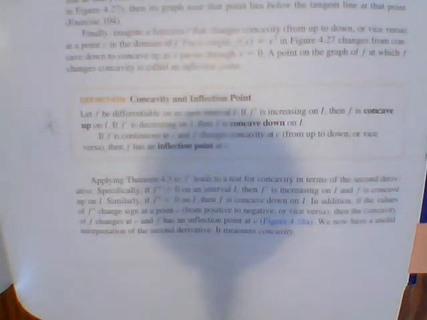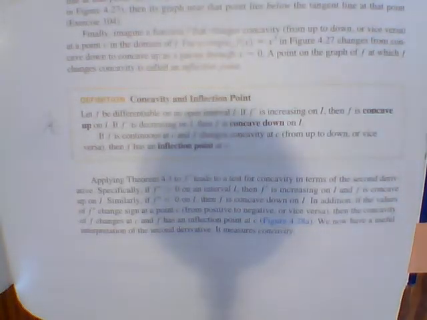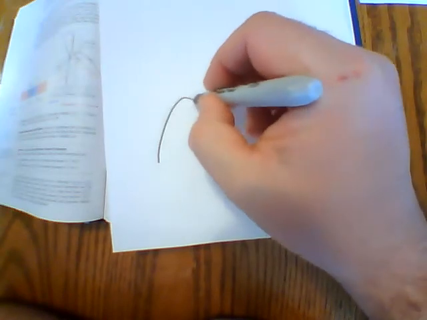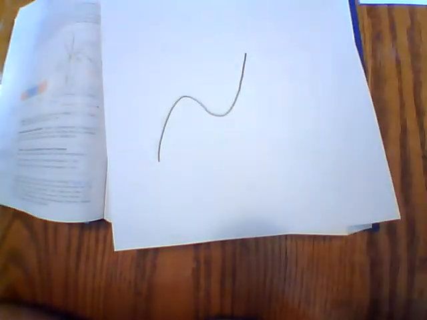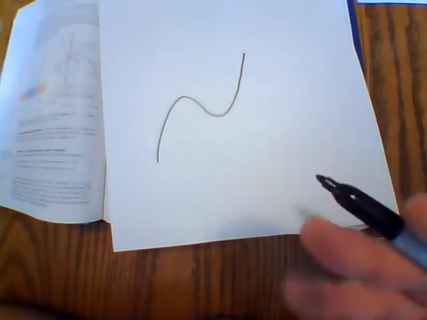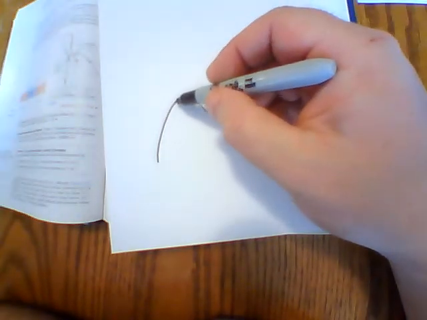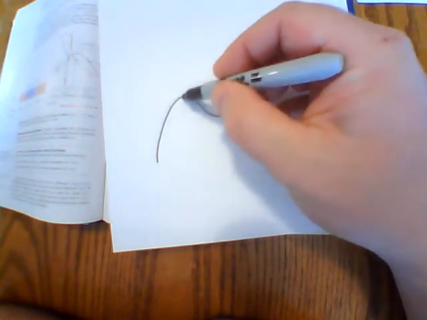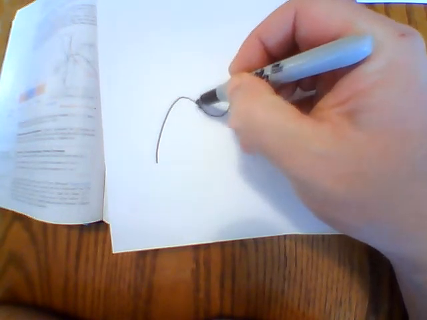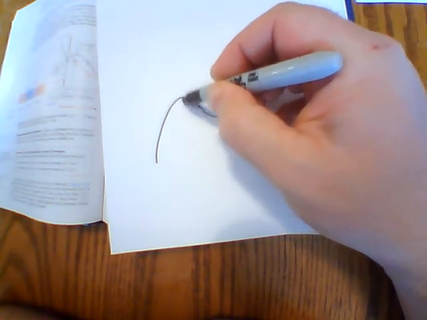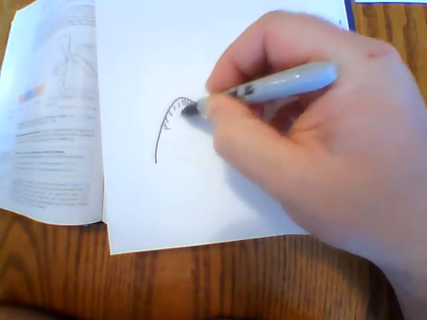So for example, if we were to consider, just grab a piece of paper here, a curvature, let's just go like this. Okay, as we see that we'd have kind of like a cubic graph right here, we would see that all this curvature right here is kind of curving downward to this point right here.